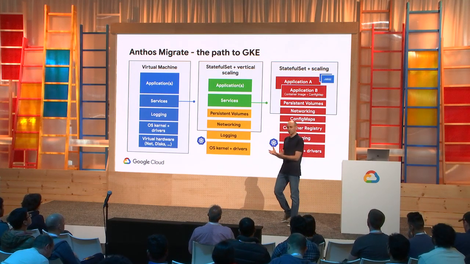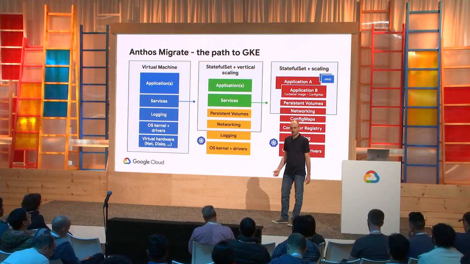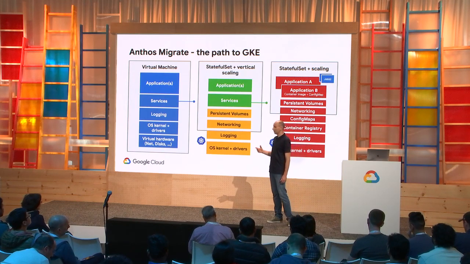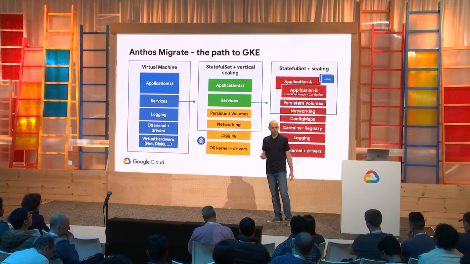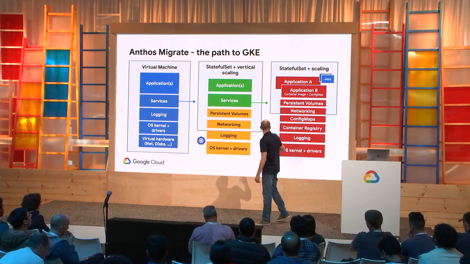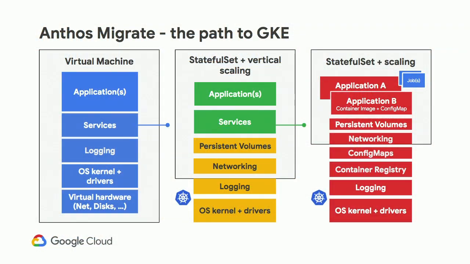So this is the first step that allows you to get into the state where you manage in Kubernetes and leverage all these good features that you have, but it's still not the end of the journey. The next part is the stage where we want to take this upper part of the VM and split it further.